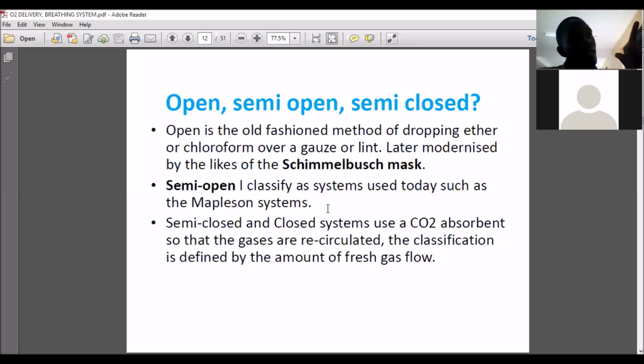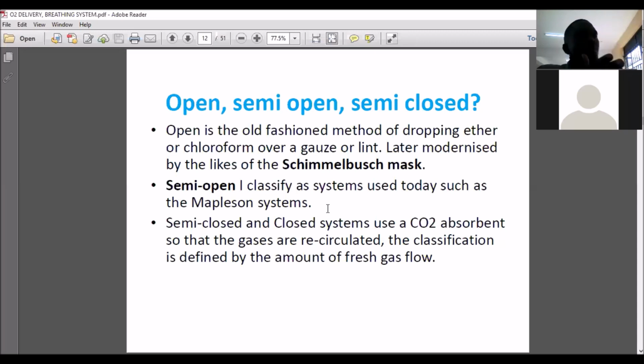I'm putting in oxygen, but little. But when I put a mask on your nose, you're getting oxygen from the external environment plus mine. So in that system, I am putting in more oxygen, but removing what? The carbon dioxide. In the semi-closed, I'm giving you oxygen, but minimally compared to the semi-open.